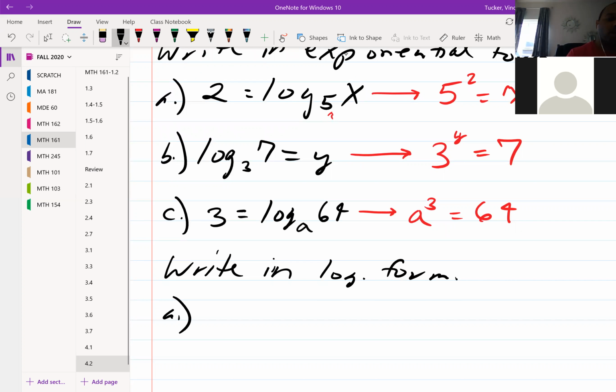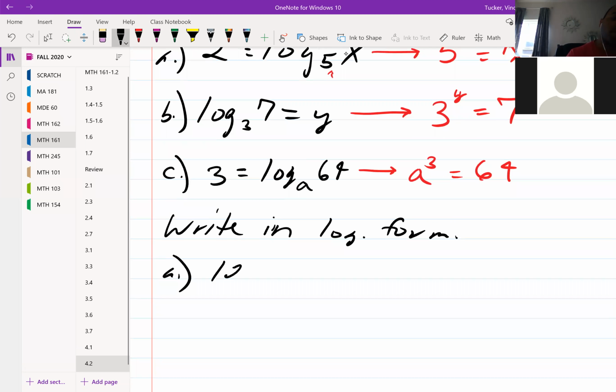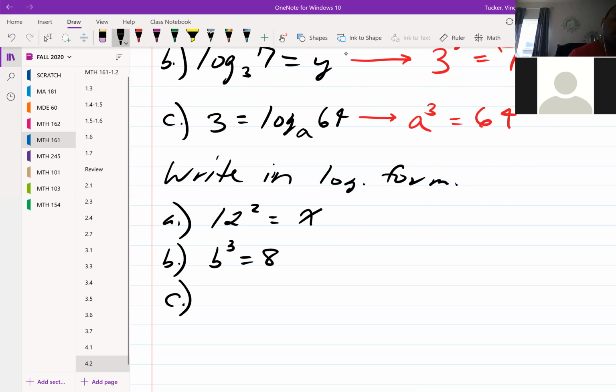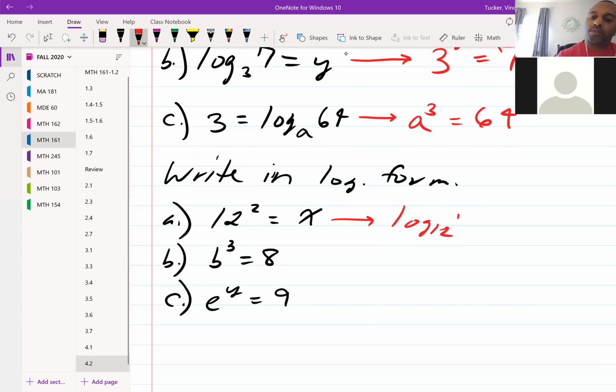So next, we're going to write in log form. Take the same thought process. So log base 12, because the 12 is the base, that will be applied to x, and the 2 will be on the other side by itself.